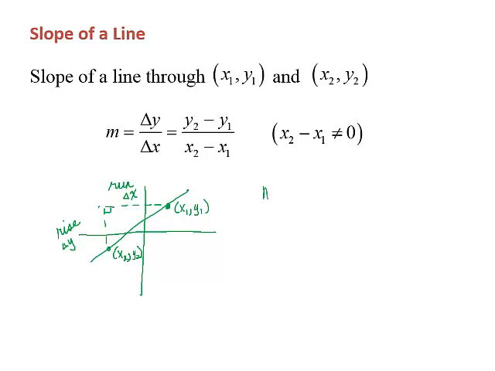We can also say that the slope is y1 minus y2 divided by x1 minus x2. The key is that the starting point in the numerator and denominator have to be from the same point. So if you start from the second point for the numerator, you have to start from the second point for the denominator. So change in y over change in x.